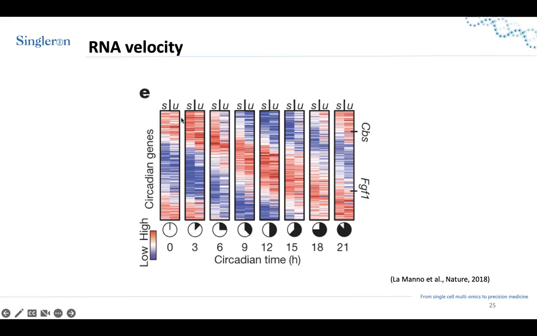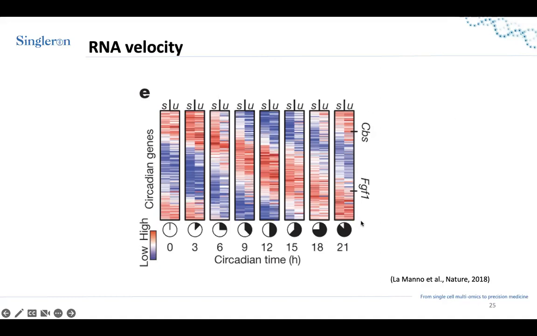Then 3 hours later, we see that they become equal. And again, 3 hours later, we have spliced counts that are more abundant than unspliced. And again, 3 hours later, the spliced counts start to decrease, like the unspliced ones, etc. And when you measure this cycle, you see that it's almost 24 hours.